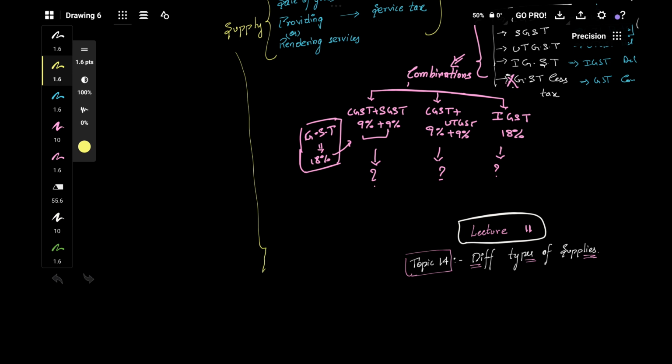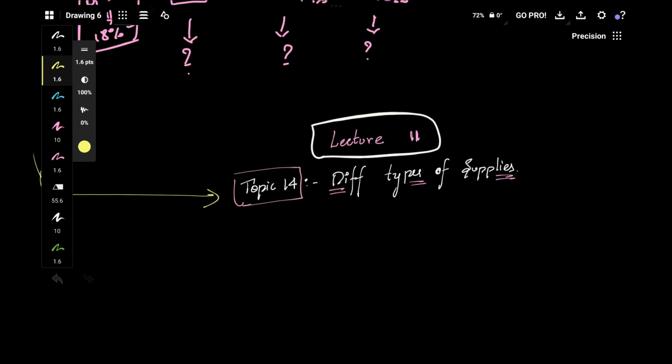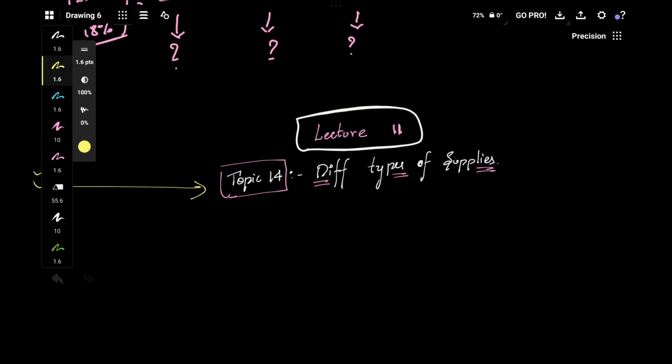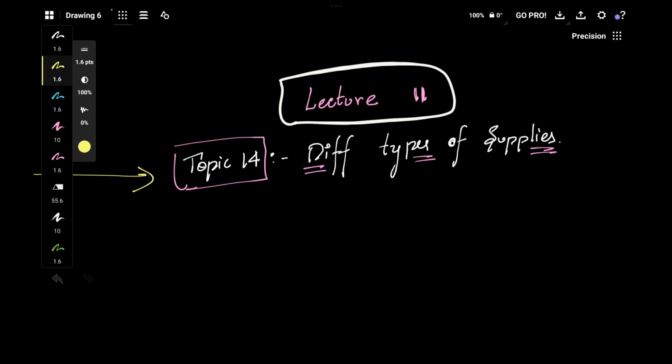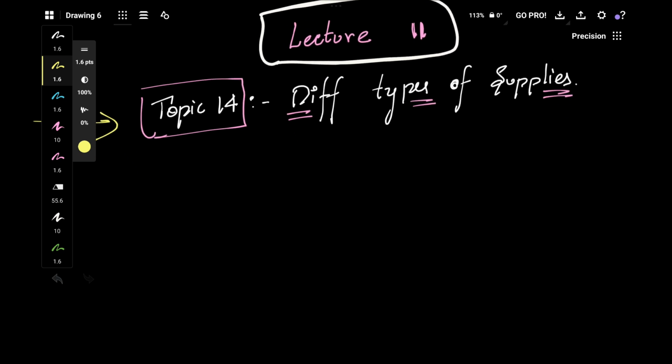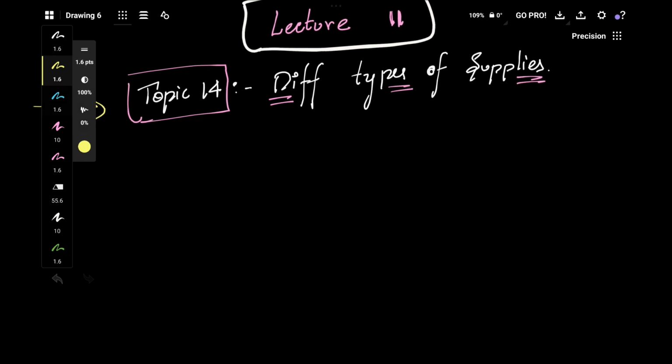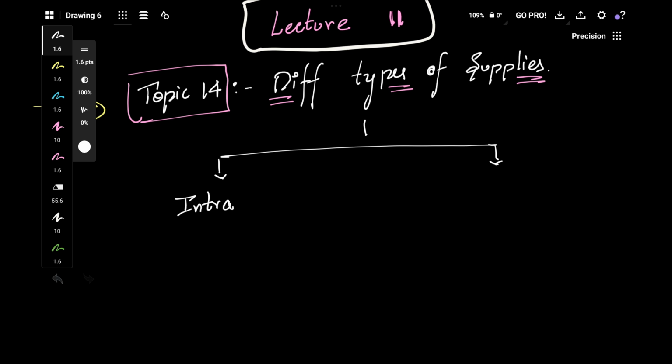This supply has different types or different kinds. There are basically two types of supplies. You all obviously know that, that's not what I'm questioning here, but to what extent did you understand this concept?